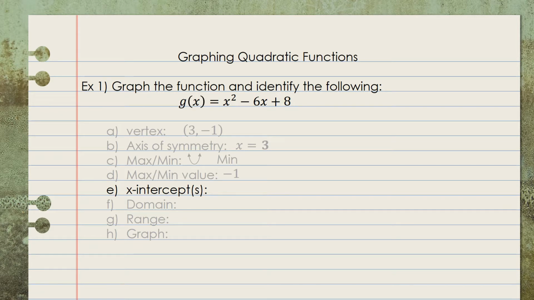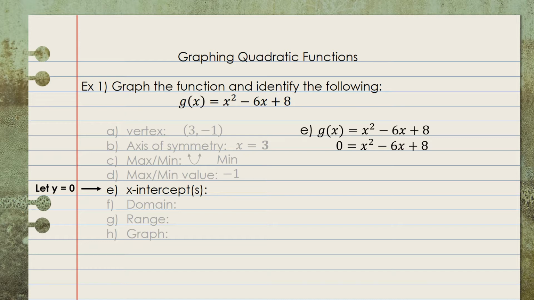For x-intercepts, recall x-intercept is where the graph crosses the x-axis, which simply means y is equal to 0. So if we look back at the original function, in place of g of x, which is the same thing as y, we plug in a value of 0. So we now have 0 equals x squared minus 6x plus 8.